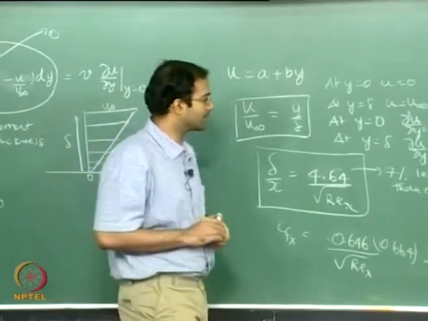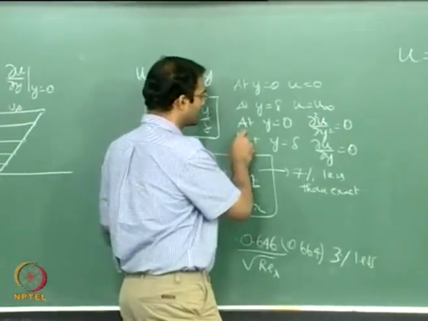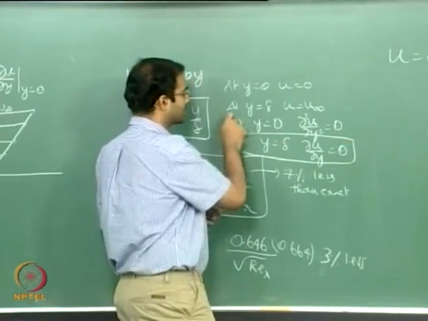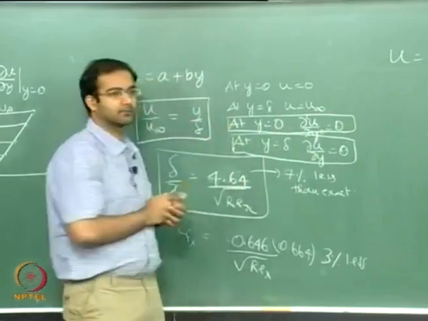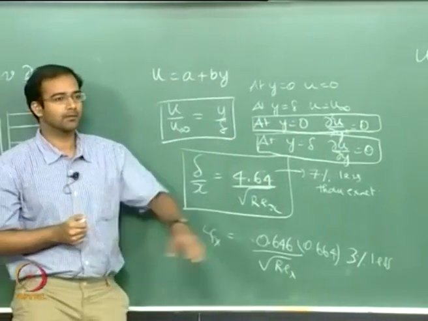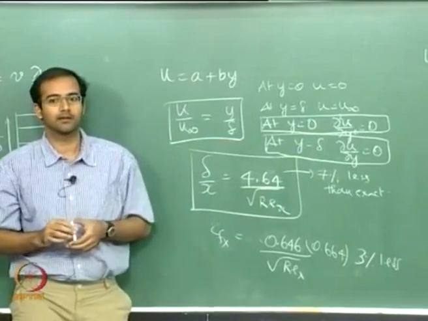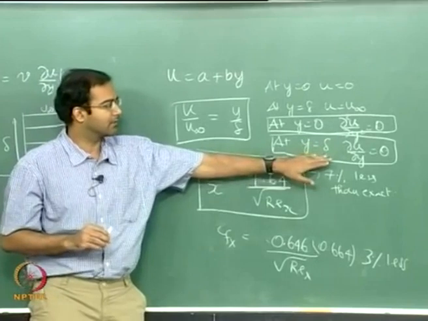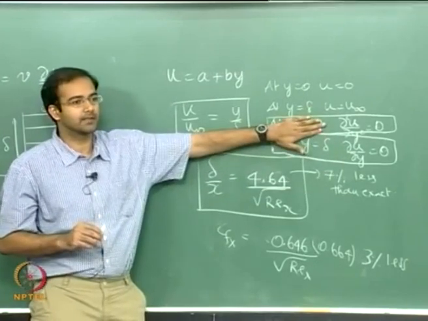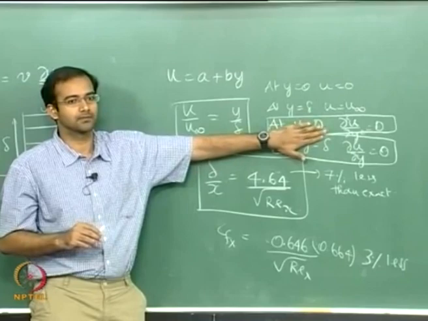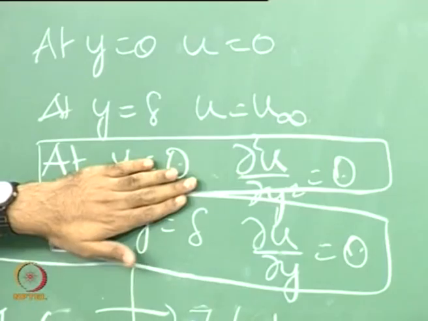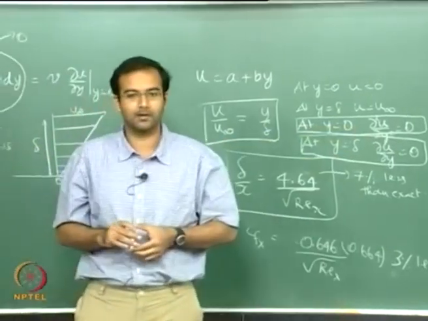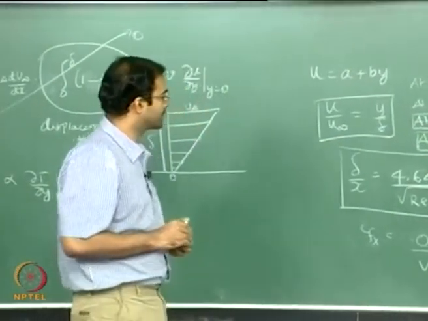That is because in the quadratic case you use this boundary condition at y equal to delta, rather than using this boundary condition. Because you have only up to the quadratic term, you cannot take derivative up to the second order, you have to take up to first order and apply it. So you do this before applying this, and this is a very important boundary condition to be satisfied, which is not applied in the second order polynomial case, and therefore the second order polynomial will not be as accurate.